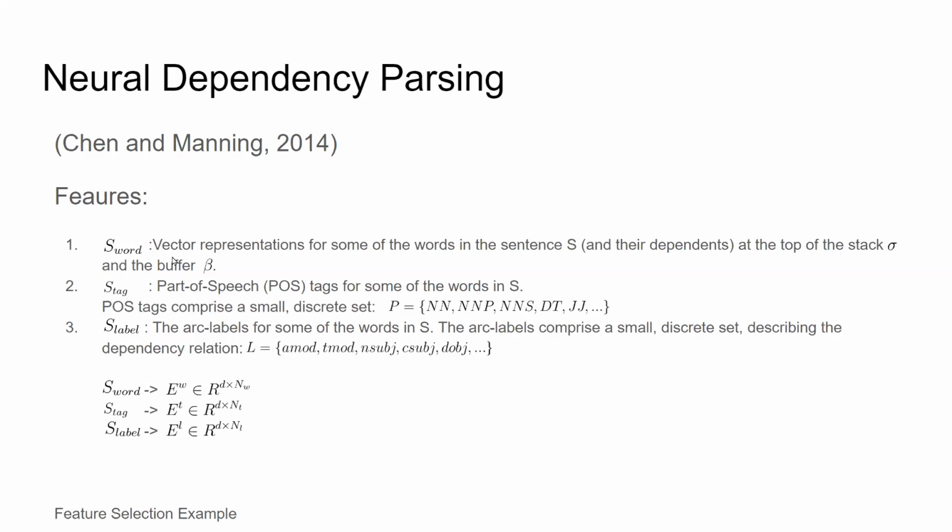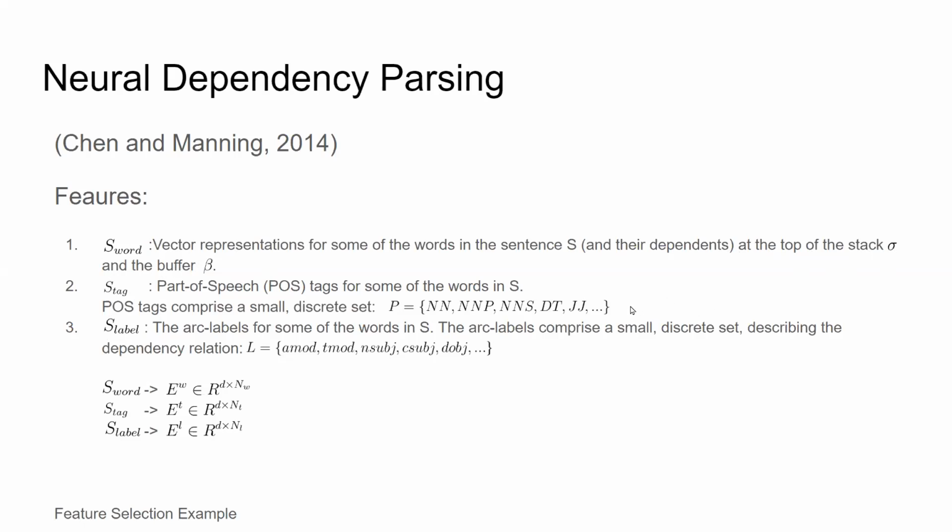The S word is vector representations for some of the words in the sentence S, and their dependents, at the top of the stack sigma and the buffer beta. We get to choose the S words here, and correspondingly there will be S tags and S labels of them.